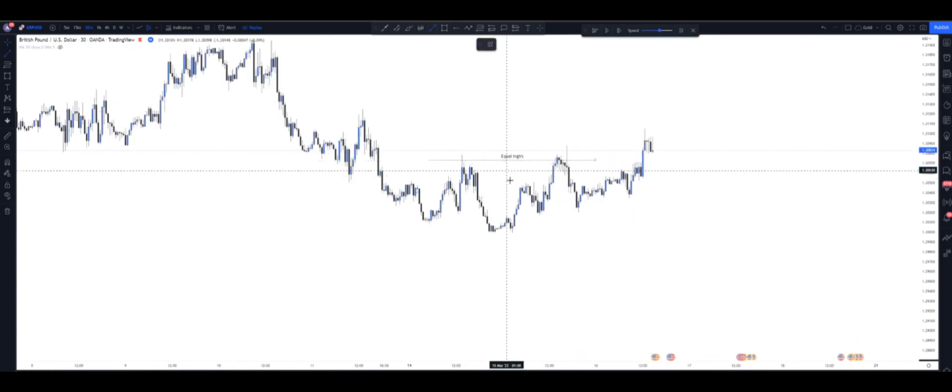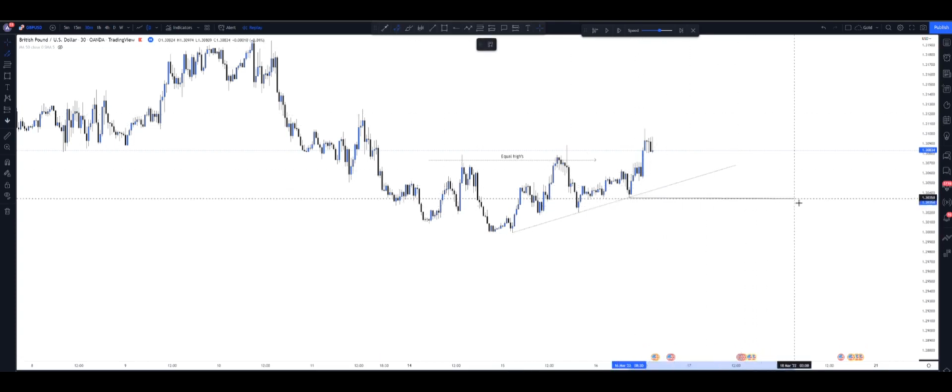Now using that confluence, we add the trend line. Perfect. And there was an indecision candlestick right here. Once this indecision candlestick forms, we can spot an imbalance right here.